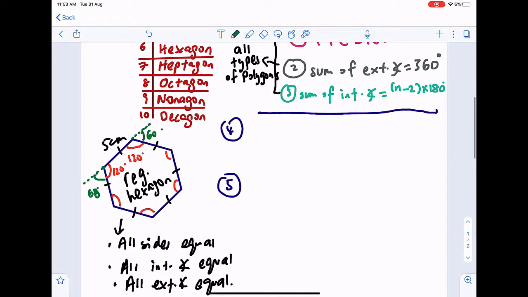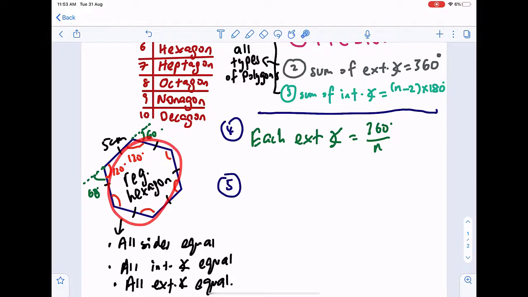So what are the fourth and the fifth formulas? For each exterior angle, you can use this very nice formula: 360 divided by the number of sides. For example, in this regular hexagon, we take 360 divided by 6. That will give us 60 degrees for each exterior angle. Now, the fifth one is each interior angle.